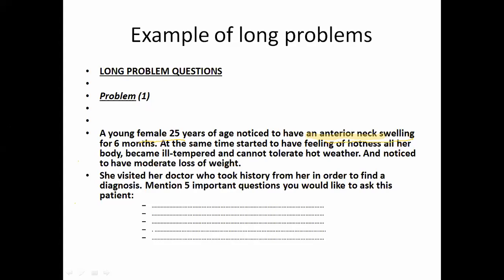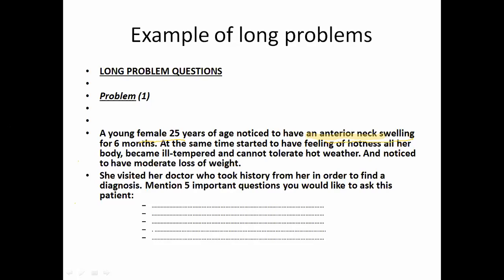What do you think of this patient? She has an anterior neck swelling for the last 6 months, and at the same time she discovered a feeling of hotness all over her body, ill-temper, intolerance of hot weather, and moderate loss of weight. It is a thyroid problem because it is an anterior neck swelling.